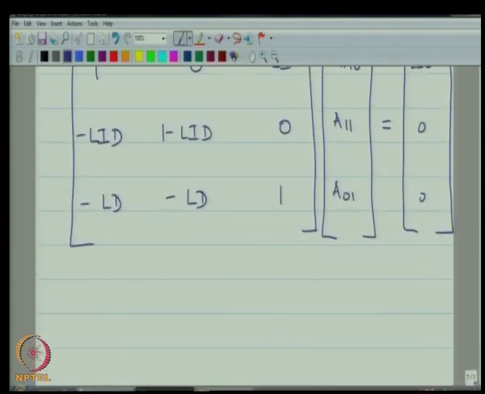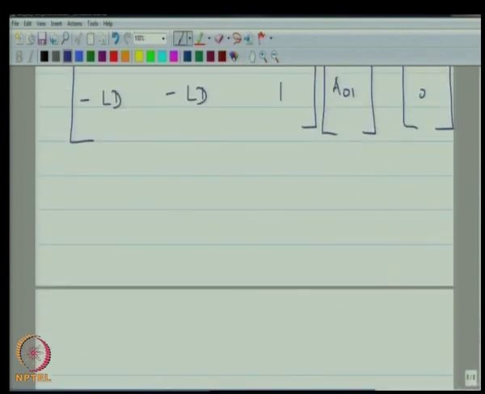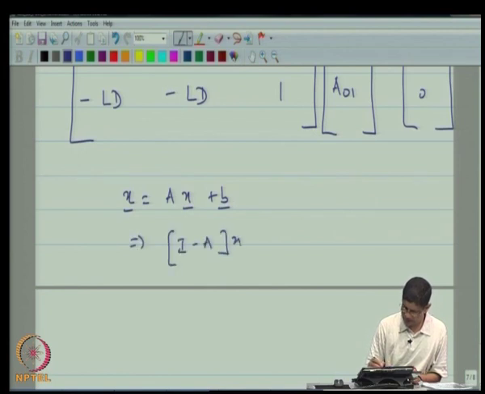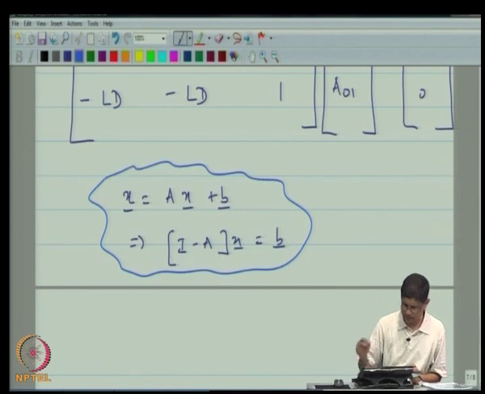So, the basic idea is just this. Perhaps just to explain a little bit better, the idea is that we had something of the form x is equal to a x plus b, and what I simply did was to write I minus a x is equal to b. So, nothing more complicated than that.